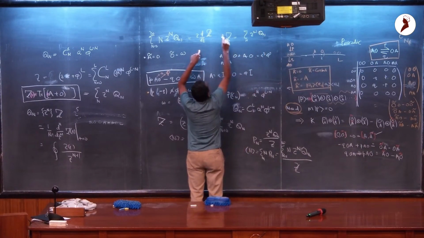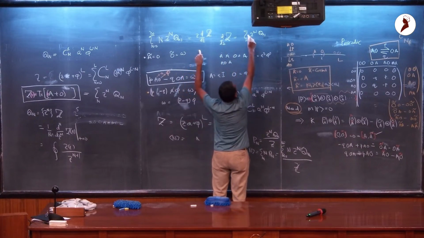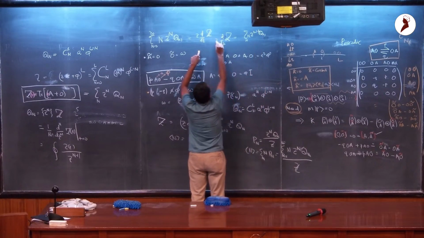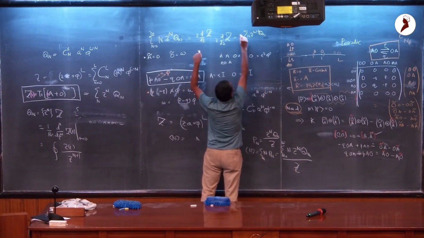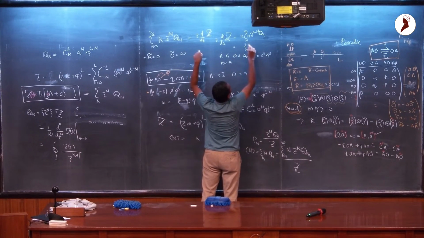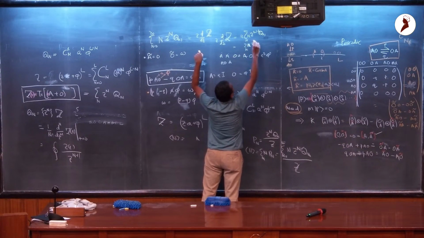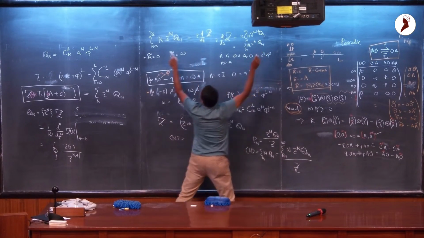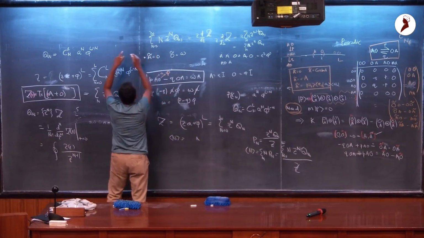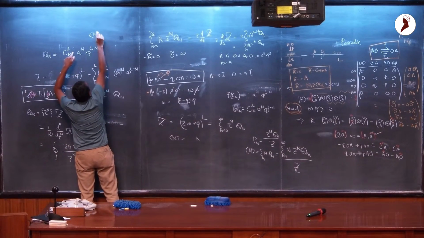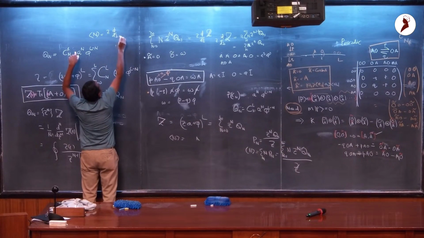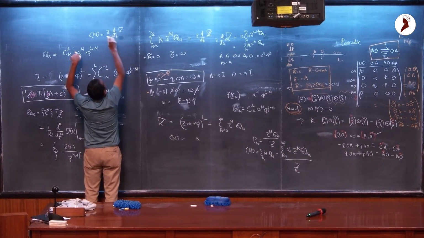If you differentiate d by dz, then you get n z to the power n minus 1 Qn. And if you multiply by z, this will be n z to the power n Qn, which is here. Okay. So your n average is this divided by the partition function. So your n average is always z d by dz of capital Z divided by capital Z.